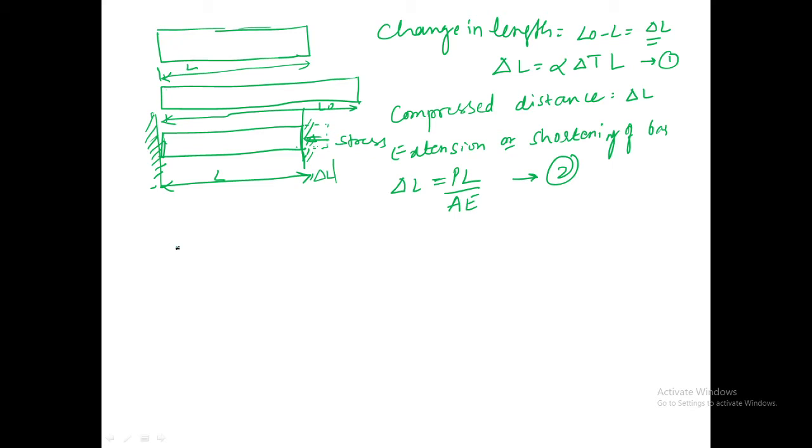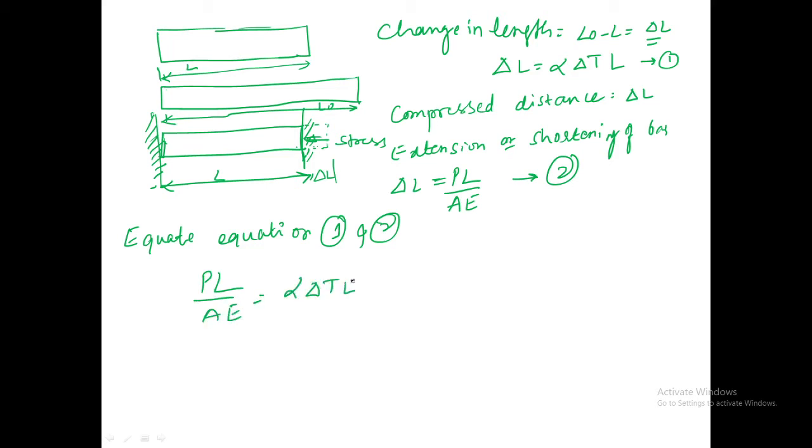Now let us equate equation 1 and 2 here. Okay, so what will we get? PL by AE equal to alpha delta T L. Now I will write P by A as sigma T, so sigma T into L divided by E equal to alpha delta T L. Now you just check it.